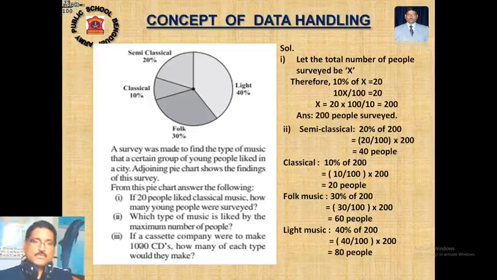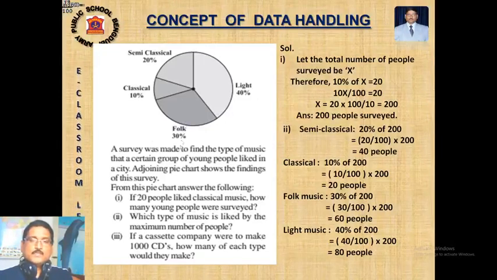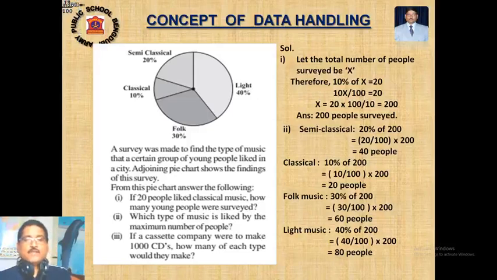What will be the answer? 200. This way 10% out of 1000, 30% out of 1000, light music 40% out of 1000. This way you can find out how many of each type of cassette need to be prepared.